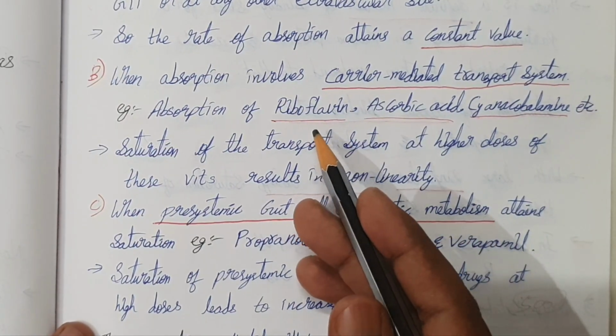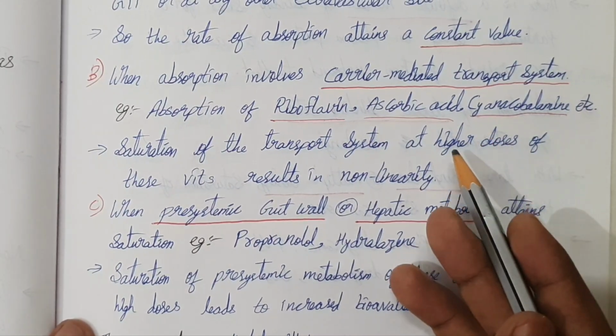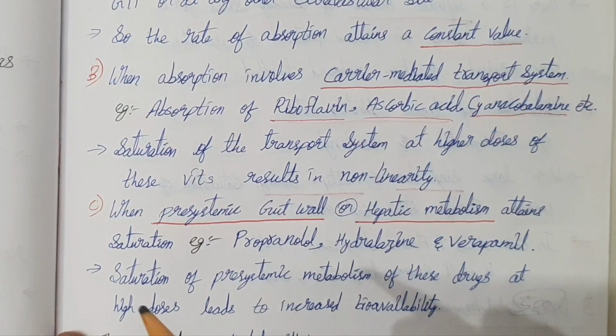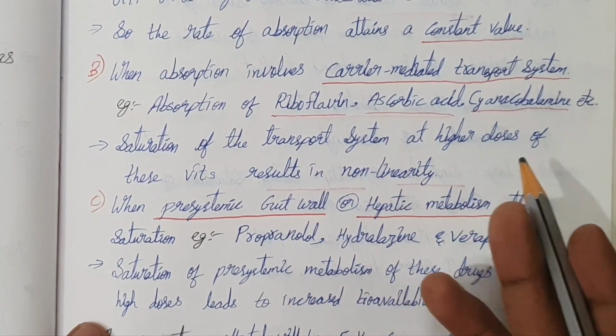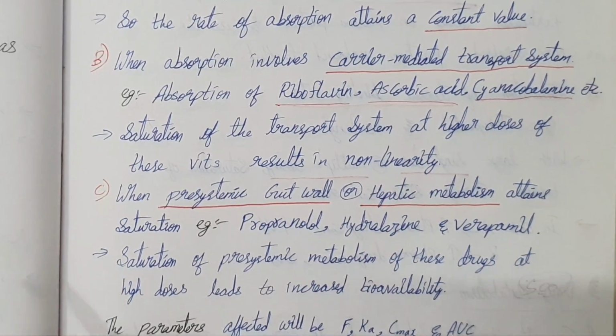Vitamins like riboflavin, folic acid, cyanocobalamin use carriers. At high doses, the transporters get saturated, leading to non-linearity.